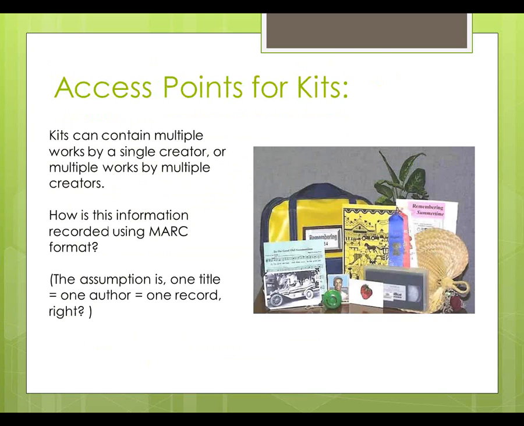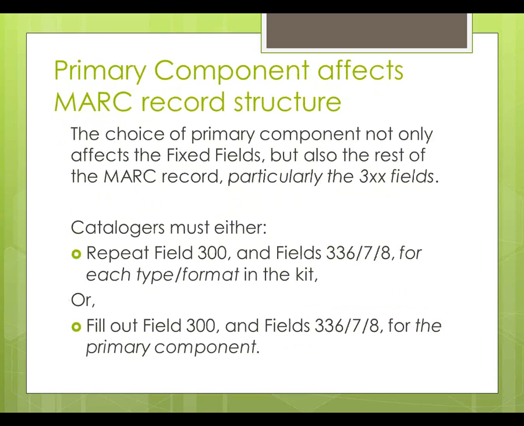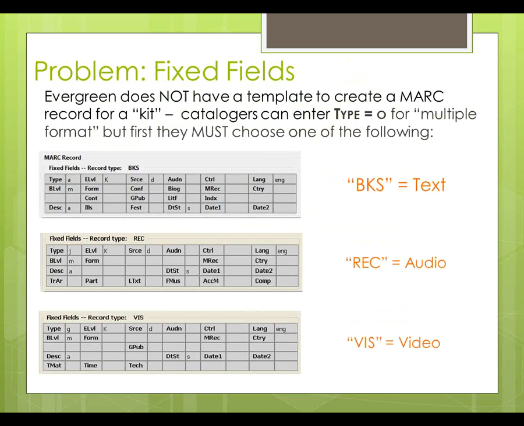So another option, I'd like to jump back here quickly to the fixed fields. If you look at these, you'll notice that they have in the upper left-hand corner, you can maybe see my mouse that I'm moving here, the code for type. And there's a single letter code there in the box for type. A is for text.